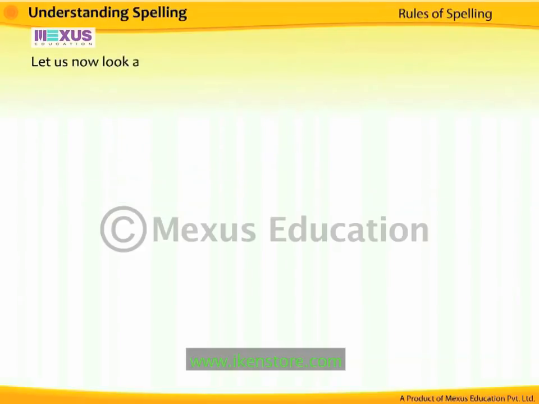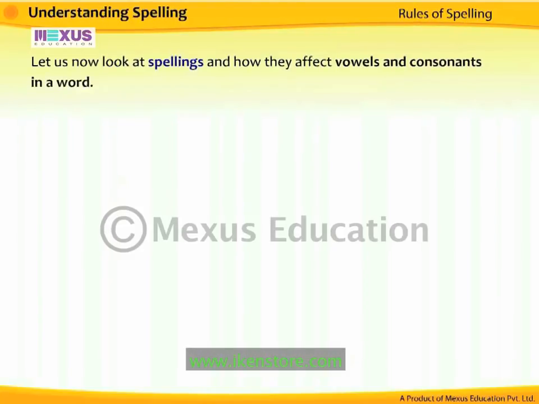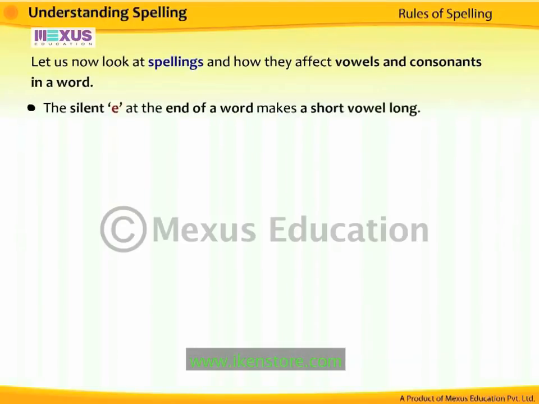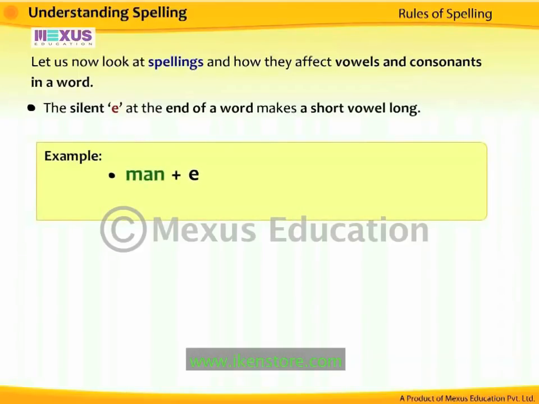Let us now look at spellings and how they affect vowels and consonants in a word. The silent E at the end of a word makes a short vowel long. For example, when an E is added to the end of the noun man, we get the noun main.